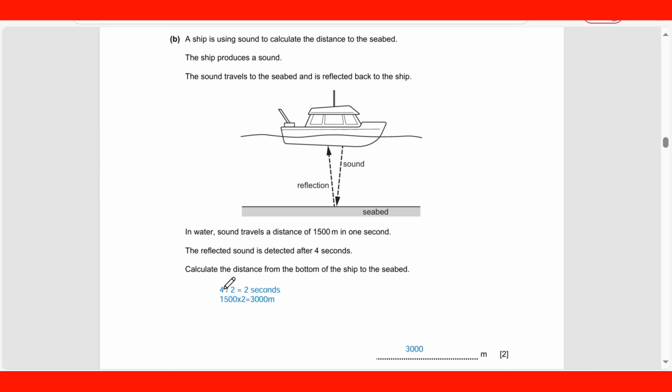So we divide 4 seconds by 2, so it's 2 seconds. The distance from the bottom of the ship to the seabed is what the sound travels in 2 seconds. Since 1,500 meters is 1 second, 2 seconds will be 1,500 times 2, which is 3,000. So the distance is 3,000 meters.